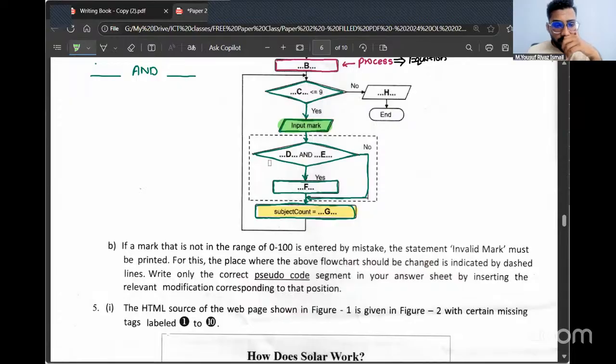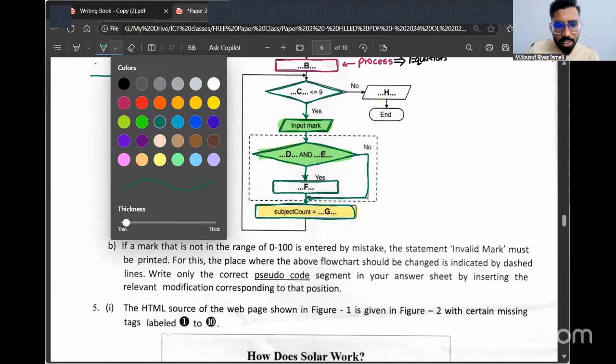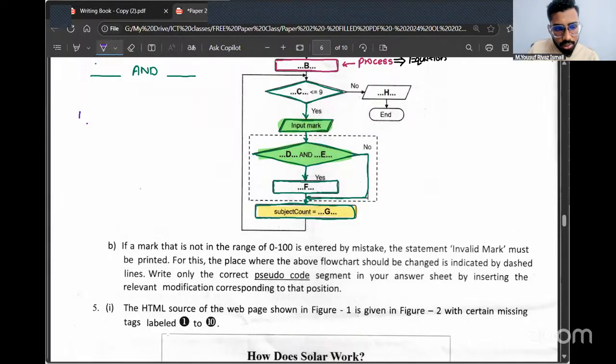So what we can imagine is that this condition we have here, after you get the marks, we can consider D and E to be where you check whether the marks are between 0 to 100. How do you check that? You say if the marks is greater than or equal to 0 and the entered mark is less than or equal to 100.